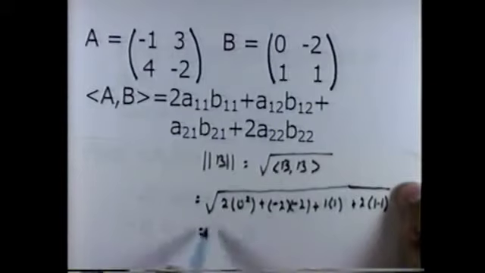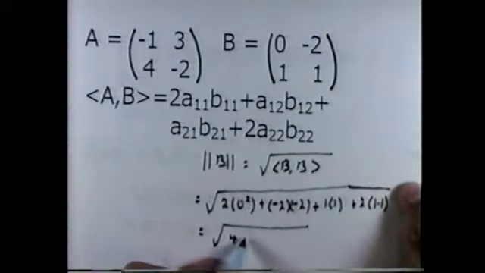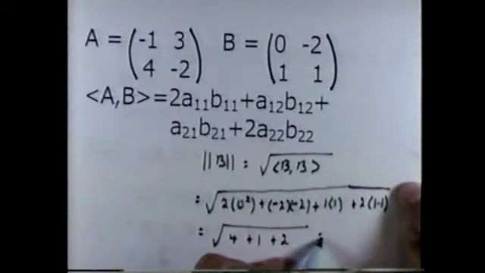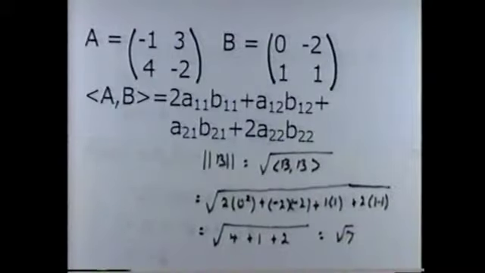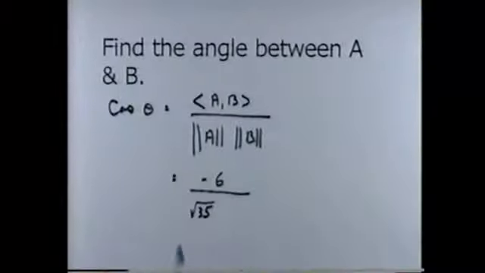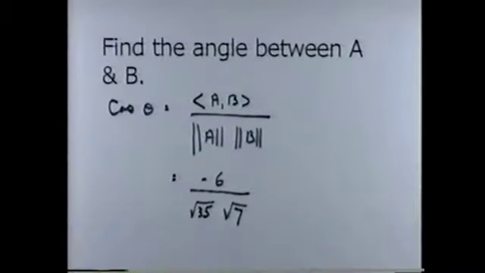Well, this is going to be 0, so it's the square root of 4 plus 1 plus 2, which is the square root of 7. So the norm of B is the square root of 7.